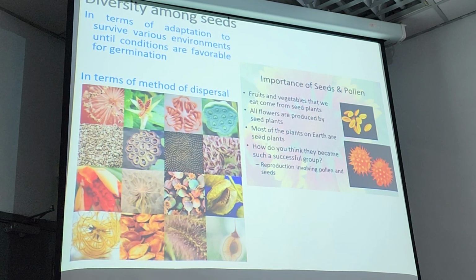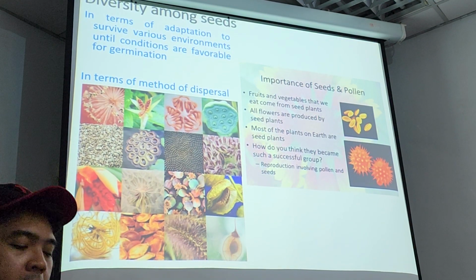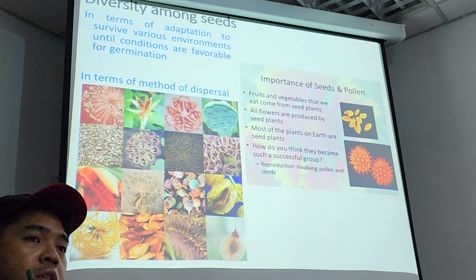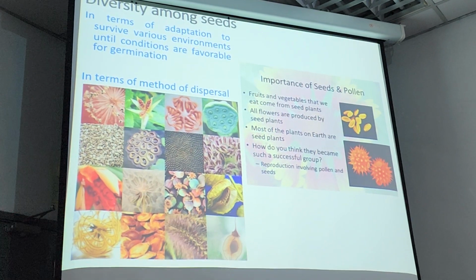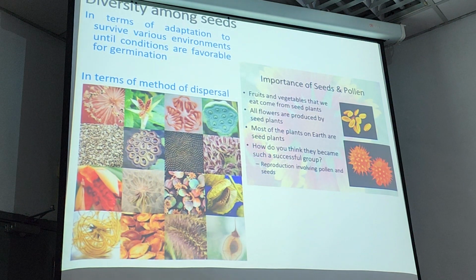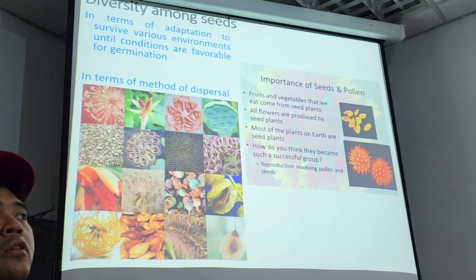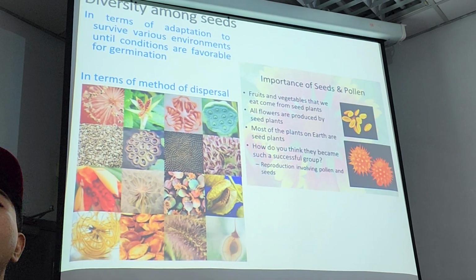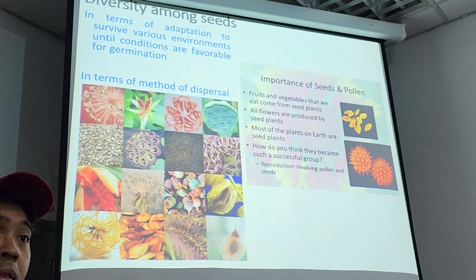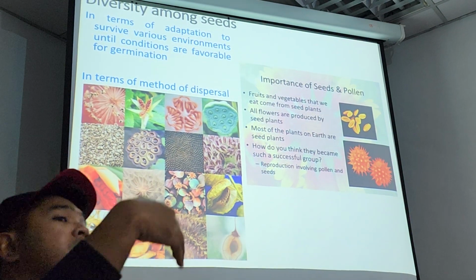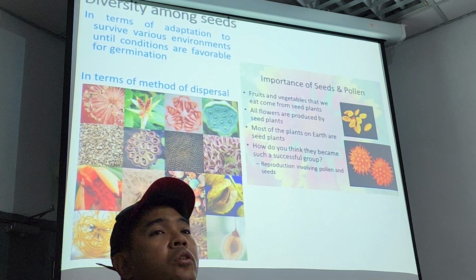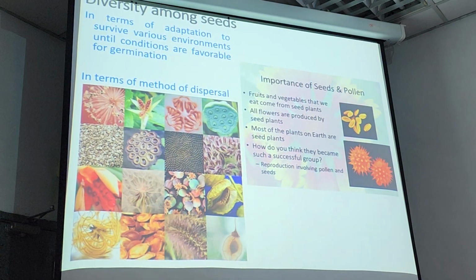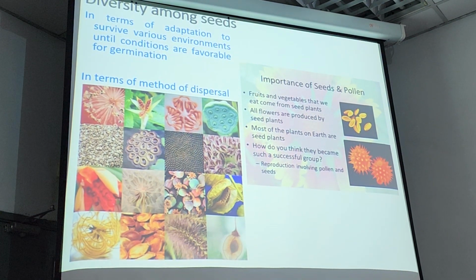So there's something about seeds that you can transport, you can keep on a shelf, and you can treat it like a commodity, meaning that the seeds can be traded from nation to nation. So it serves various purposes.